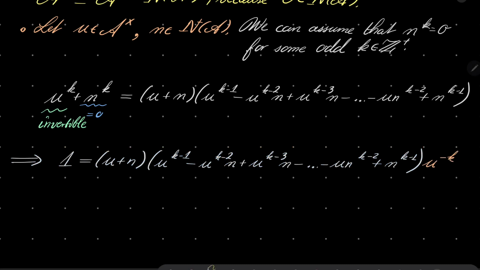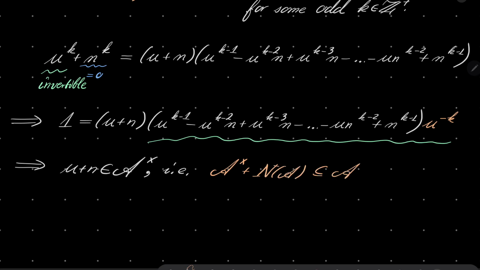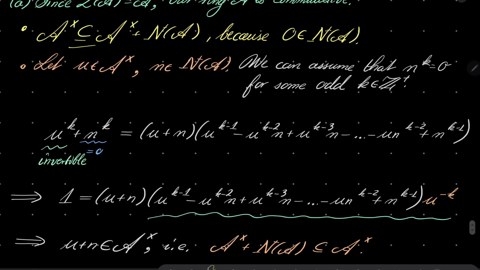We know that it exists. And that means that this element right here is invertible. What's its inverse? Well, its inverse is this entire expression. So u plus n is invertible, i.e. the set of invertible elements plus the set of nilpotent elements is a subset of invertible elements. And now combining this inclusion with the other inclusion, we get equality.